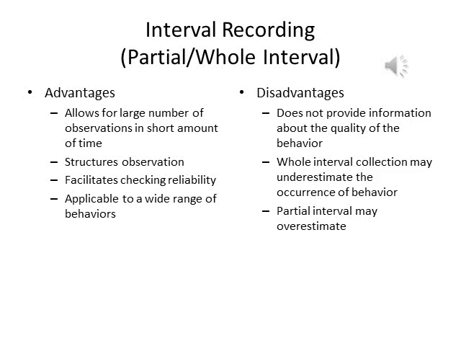And sometimes, for example, whole interval collection underestimates the occurrence of behavior, and partial interval may overestimate. This is discussed in your textbook. So there are advantages and disadvantages as to what kind you use, but they remain widely used in things like functional assessments, functional analysis, and in planning and progress monitoring of behavior problems in various settings.